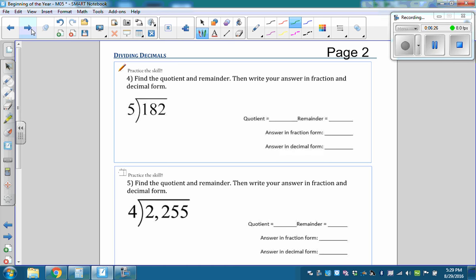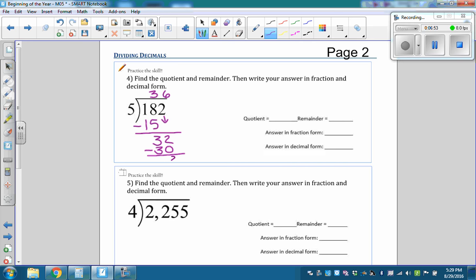I'll do 2 more problems. 5 doesn't go into 1, so we say 5 into 18 is 3 times. 3 times 5 is 15. Subtract. 18 take away 15 is 3. Bring down the 2. 5 goes into 32 6 times. 5 times 6 is 30.